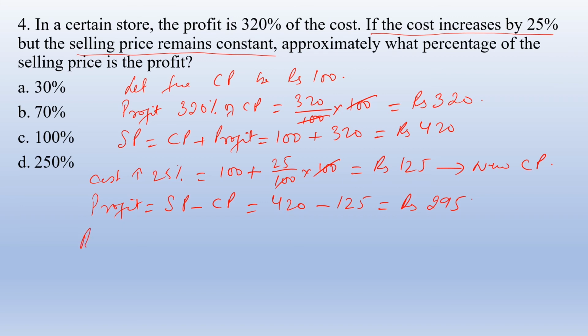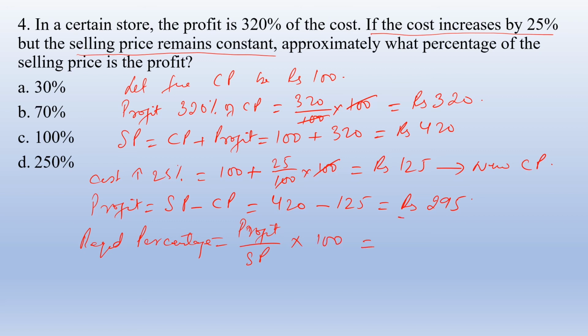So now the required percentage. The question says approximately what percentage of the selling price. So the required percentage will be profit divided by selling price multiplied by 100.